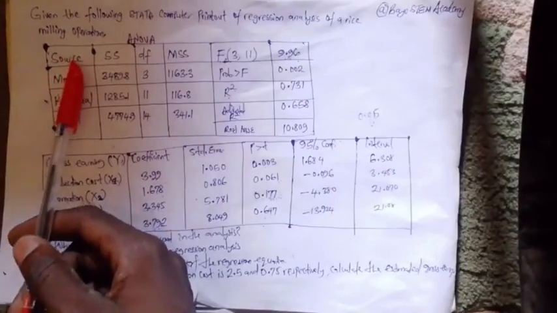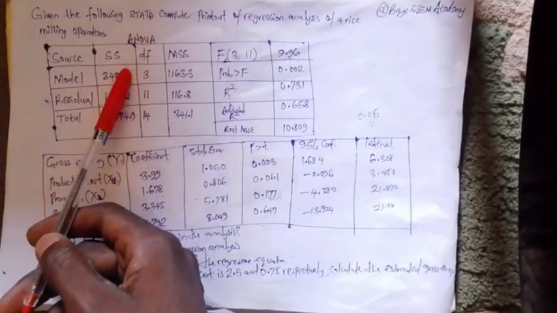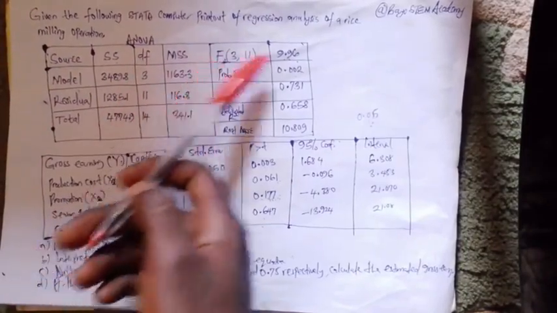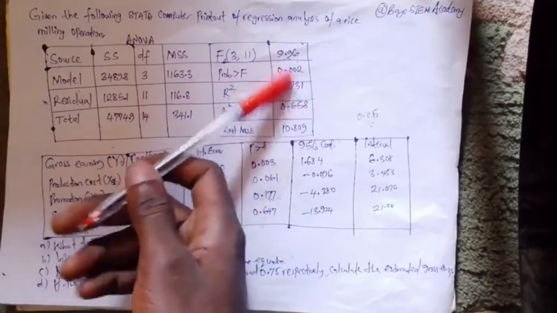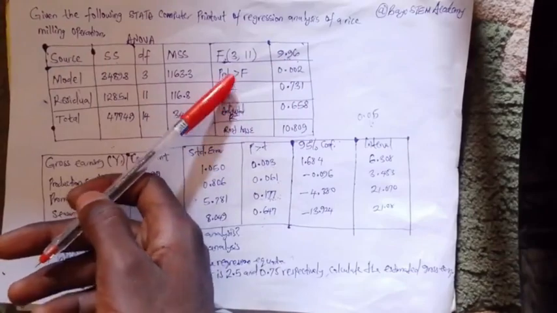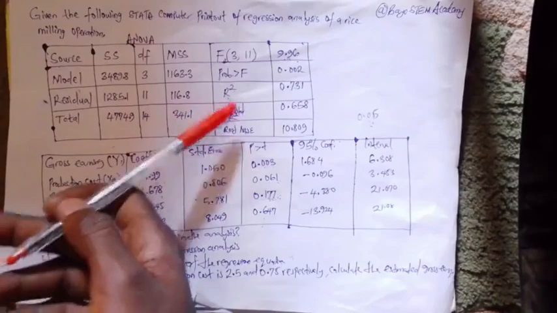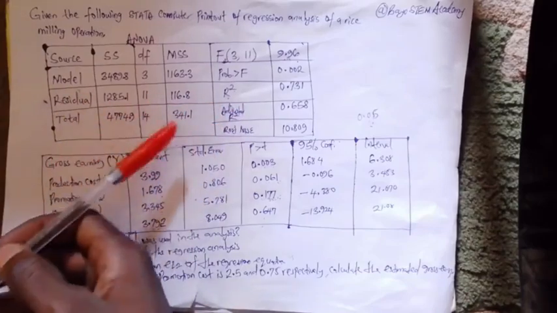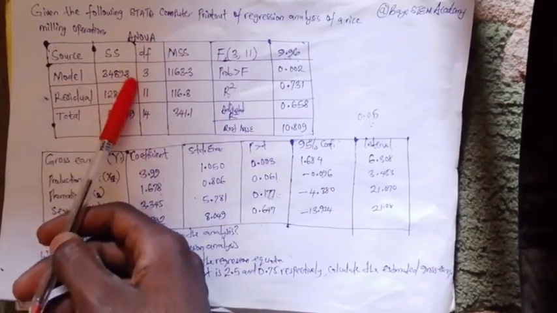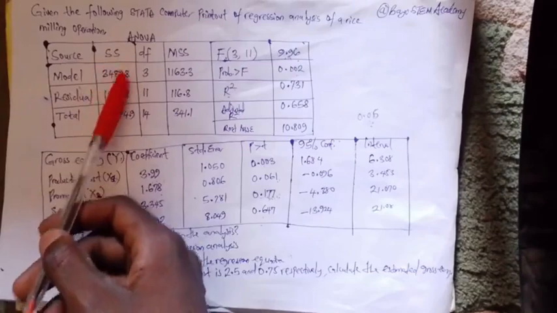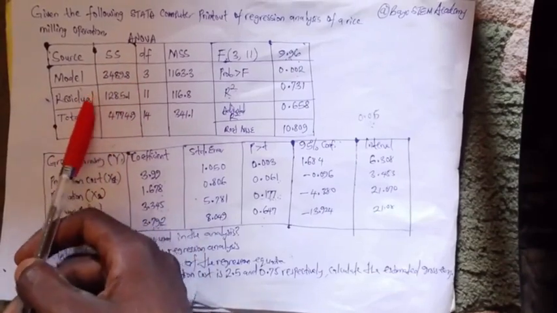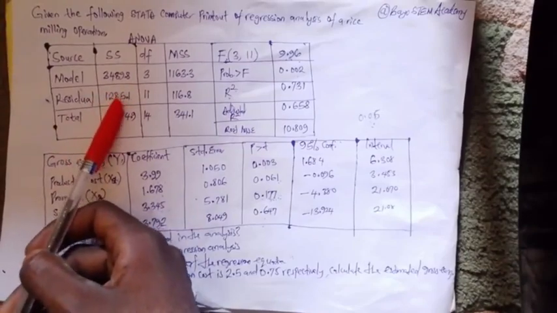This is source, sum of squares, degree of freedom, mean sum of squares, F value, and the values for probability, R squared, adjusted R squared, etc. Now, model here is the regression, with a sum of squares of 3489.8, followed by residual, that is error, 1285.1.